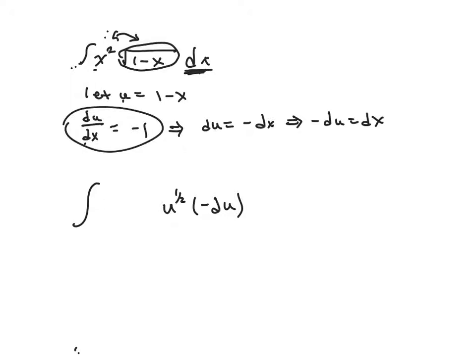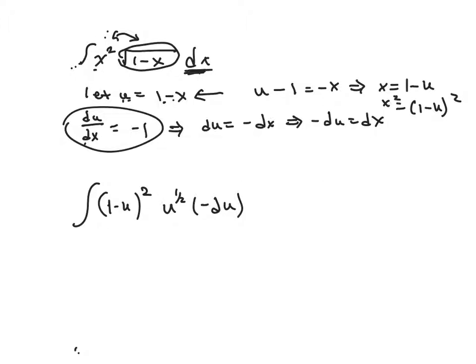And it's not immediately obvious to me how to replace that x squared, but if you look back up here at u equals 1 minus x, I can rearrange that so that u minus 1 is equal to negative x. And if I divide everything by -1, I get x equals 1 minus u. Okay. Then x squared is 1 minus u squared. And I'm going to go ahead and replace this here with 1 minus u squared.